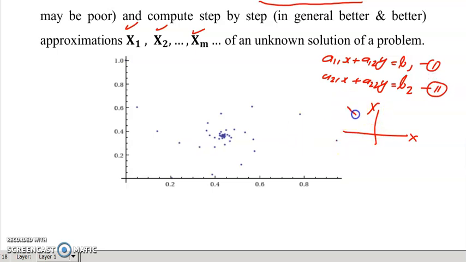We assume this is the line of the first equation and this is the line of the second equation. The lines intersect here, so it is the solution of this system of equations.